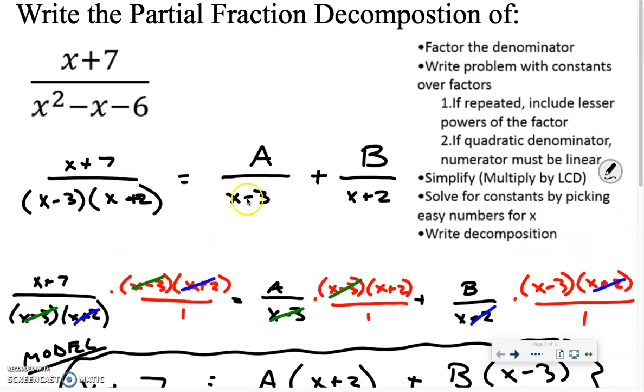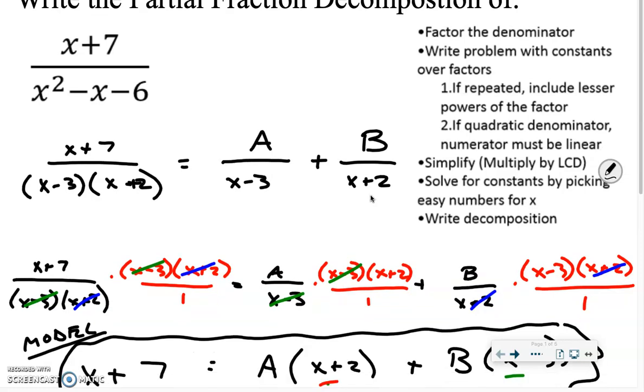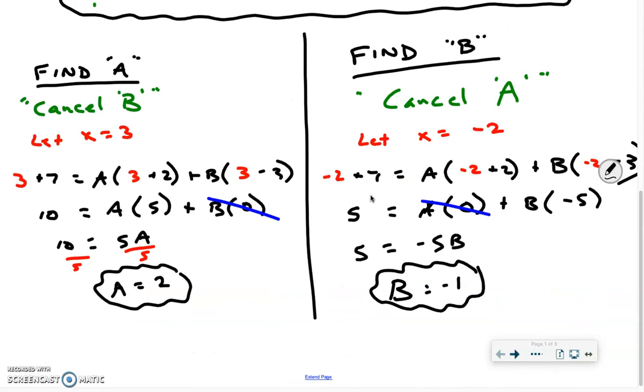What if I would have factored this and said that instead of x minus 3 times x plus 2, I would have said x plus 2 times x minus 3? Then A would have been over x plus 2, B would have been over x minus 3. That would change things. Literally, if we did it that way, we would have gotten that A was -1 and B was +2. So the way that we have to finalize our answer is that we plug these back in.